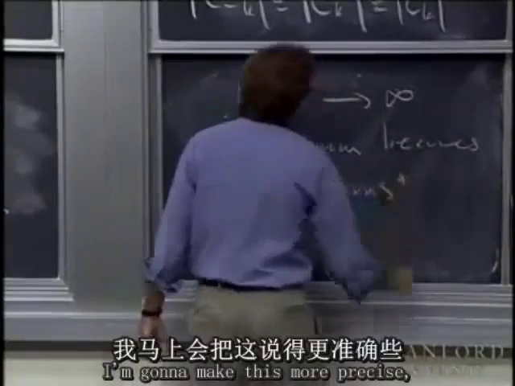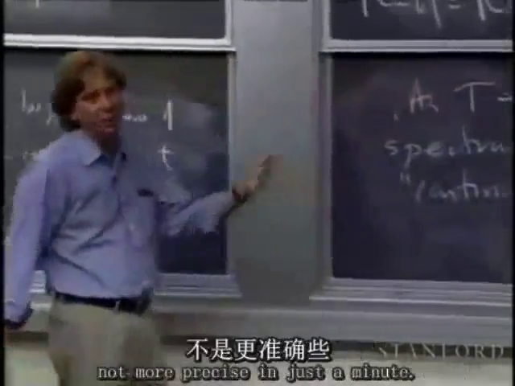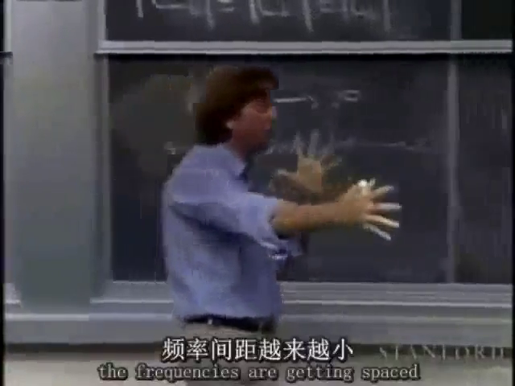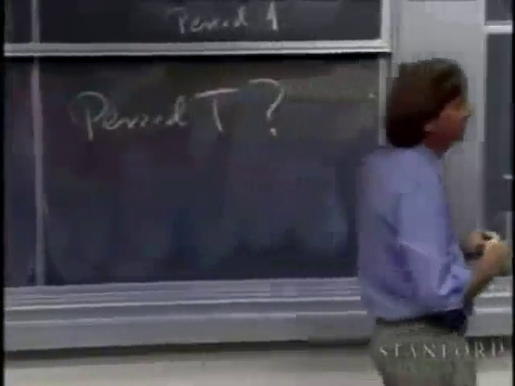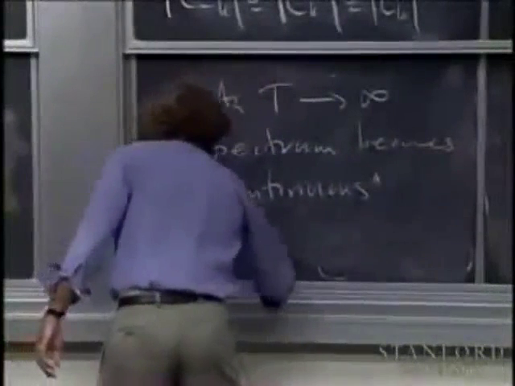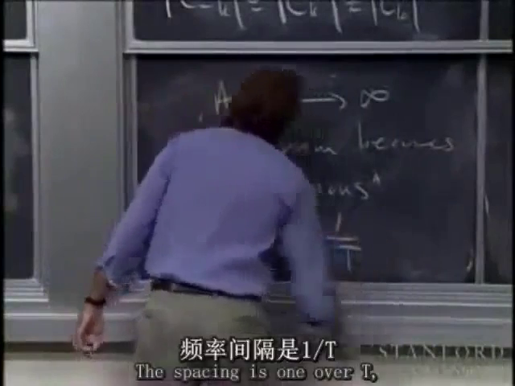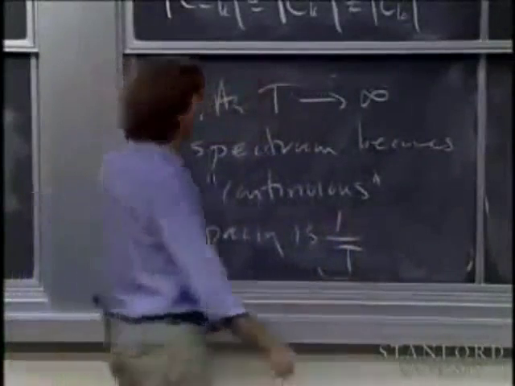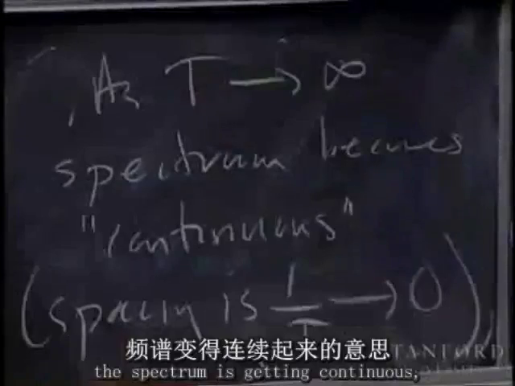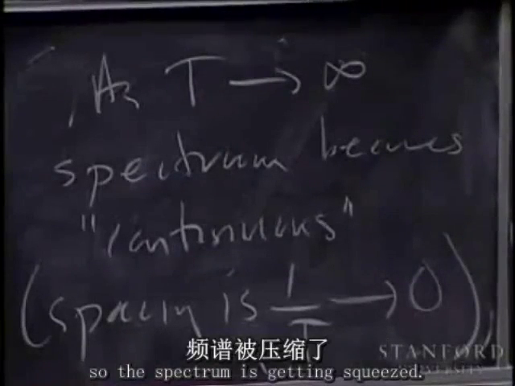I'm going to make this more explicit, if not more precise, in just a minute. All right? But the idea is the frequencies are getting spaced closer and closer together, because the spacing is 1 over T. If T is tending to infinity, the spacing is tending to 0. That's what I mean by the spectrum getting continuous. All right? So the spectrum is getting squeezed.